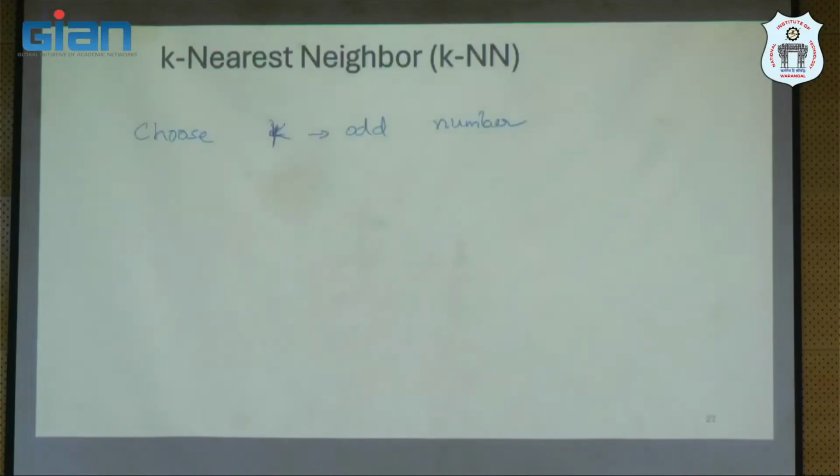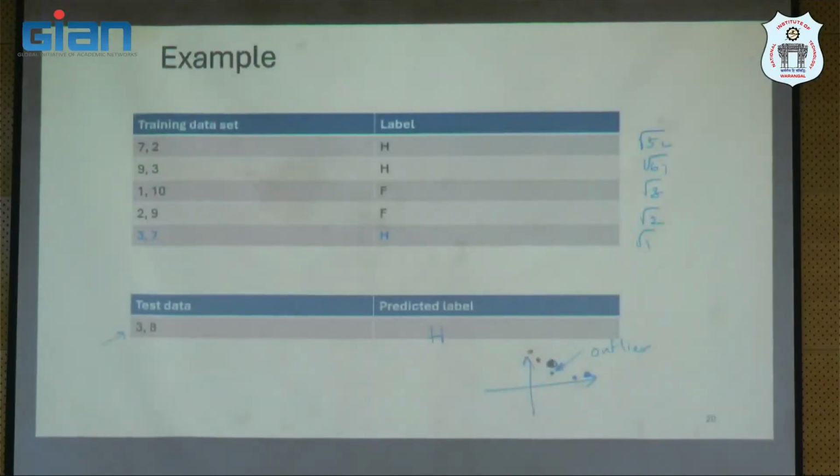Can I ask 5 nearest neighbors? If I had asked 5 nearest neighbors, what would have happened? So basically my decision would have changed again, right?